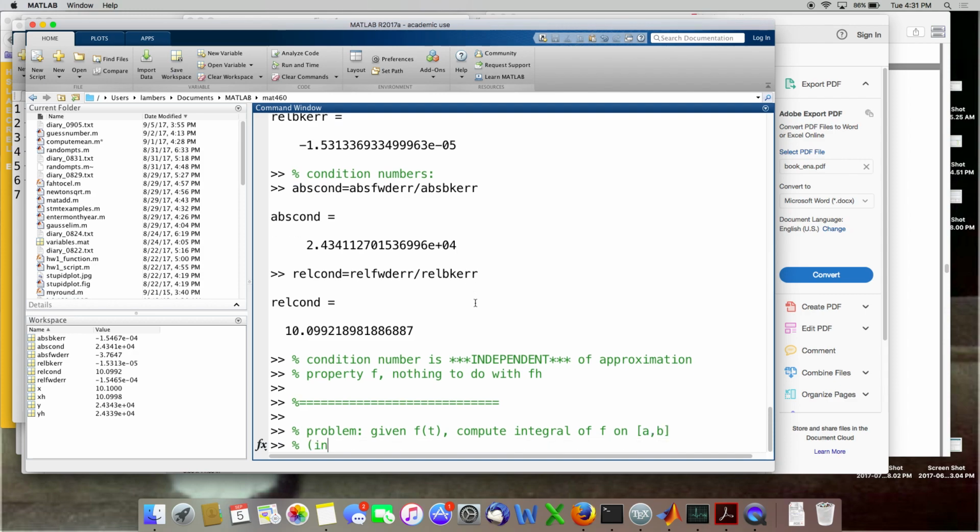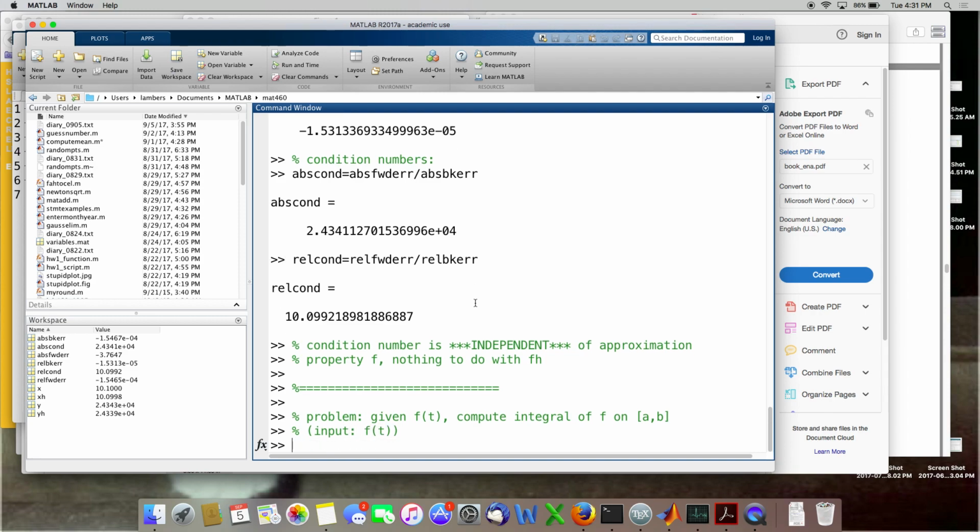So in other words, the input to this problem is your integrand. All right, so you have some fixed interval ab, and you're given some function f, and your goal is compute this integral on this interval ab.